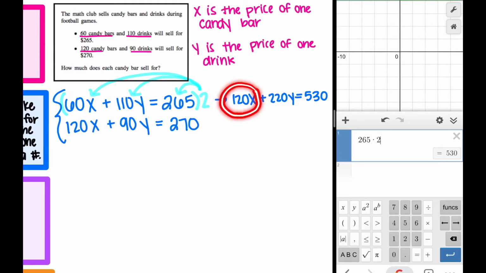Now, since my x term matches my x term for the second equation, I'm simply going to rewrite the second equation below it. Now, with them lined up, I can see very clearly that my x terms have the same coefficient of 120.